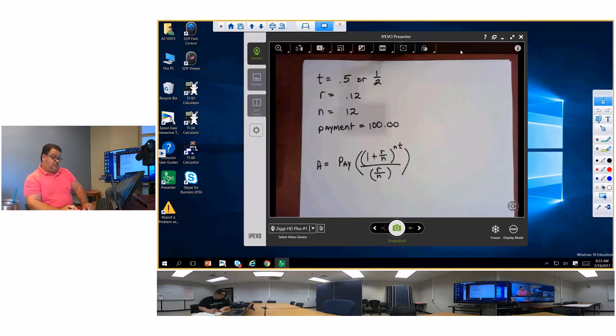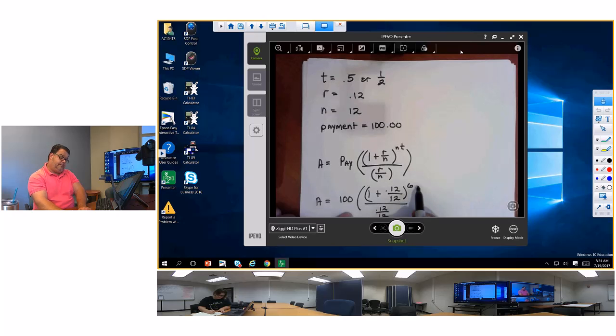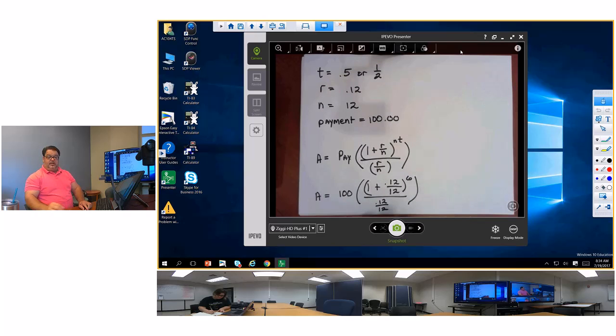So plug and chug. So A is equal to 100 times 1 plus 0.12 divided by 12, that raised to the N, which is 12, times 0.5, which is 6, over 0.12 over 12. Now, that's all the writing you need to do. All the rest needs to be done on the handy dandy calculator.